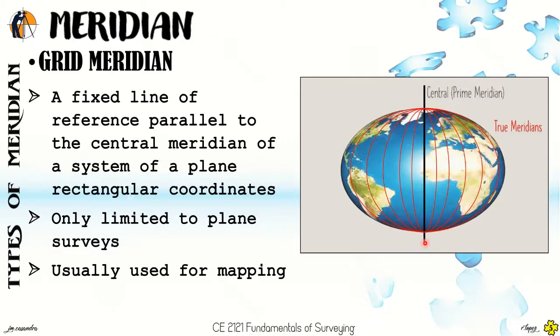All the grid meridians are parallel to this central meridian, at equal intervals also. It's the line that we see in our maps. The difference between your true meridians and the grid meridians is usually neglected since it is very small.